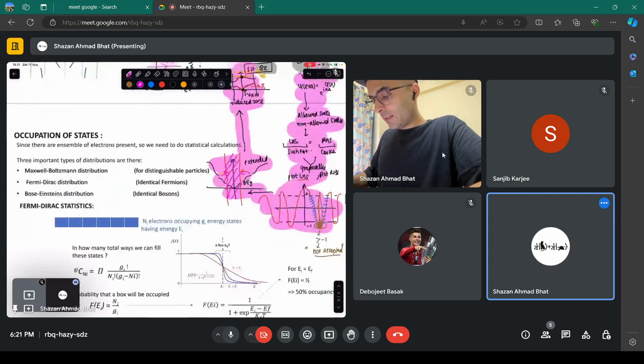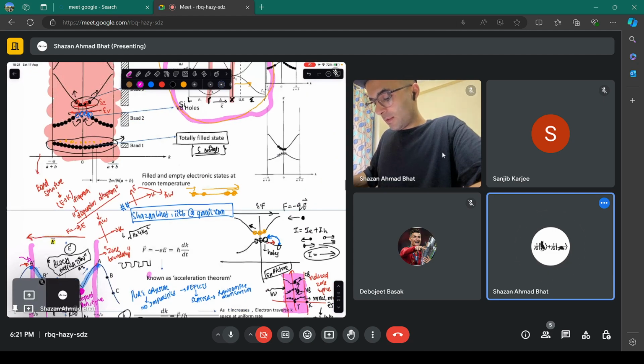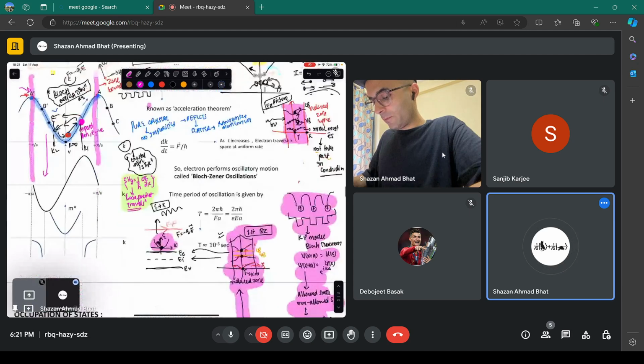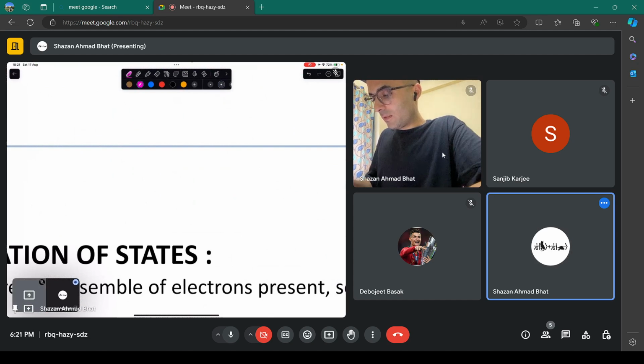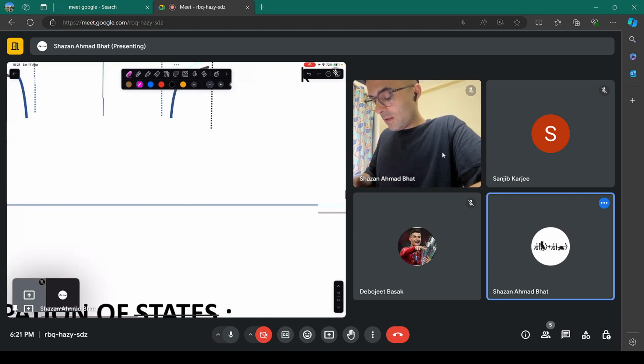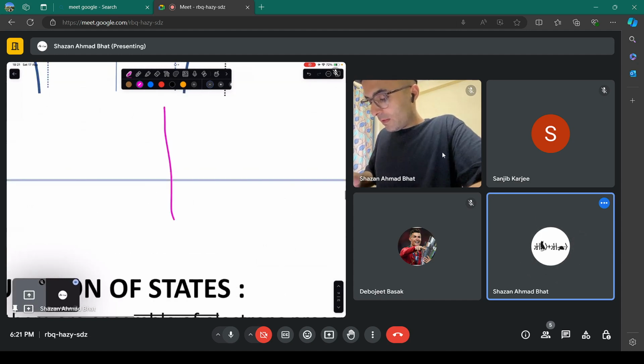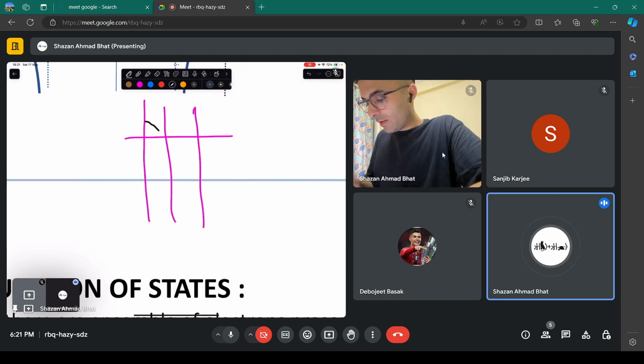And why is that the case? Let me insert a page here. If you have E-k in the reduced zone, something like this, you have this parabola, and this is k equals 0. The electron is like a wave, but don't confuse this with the wave function term.